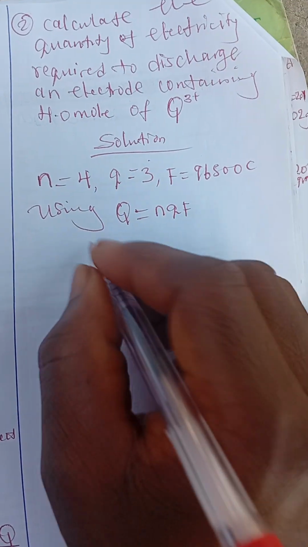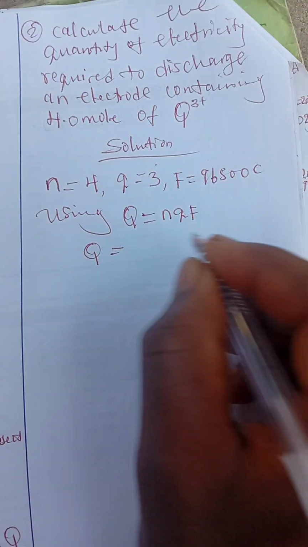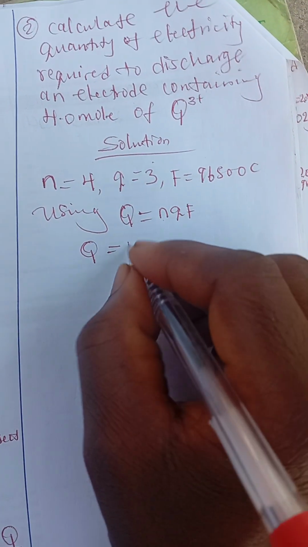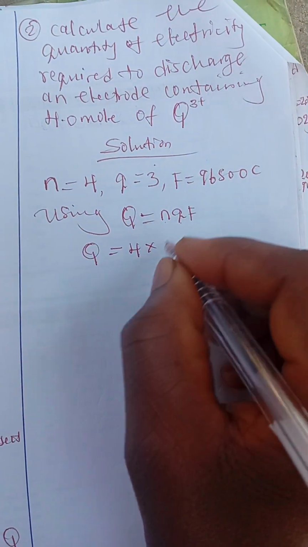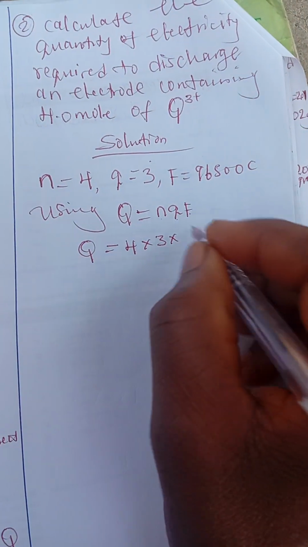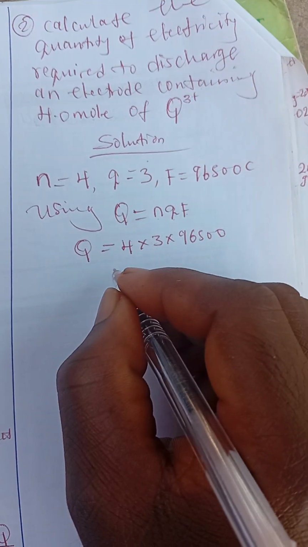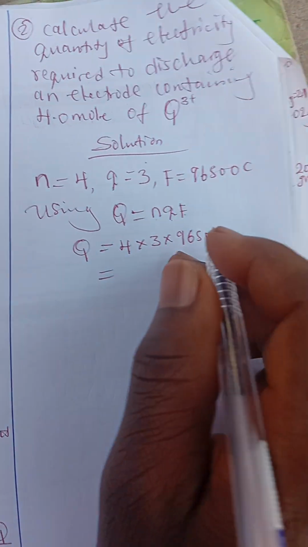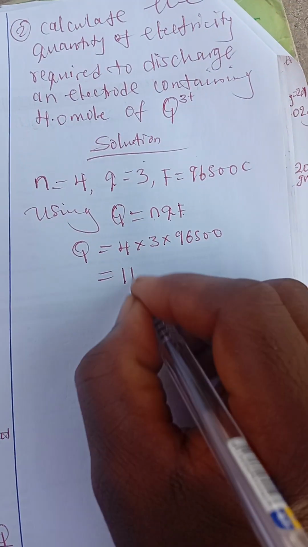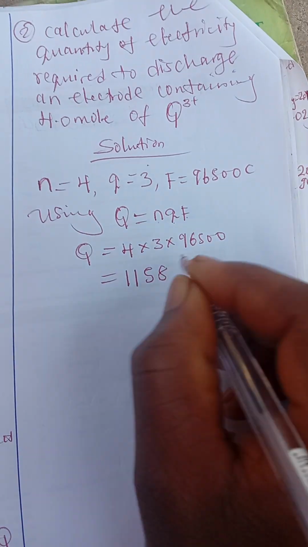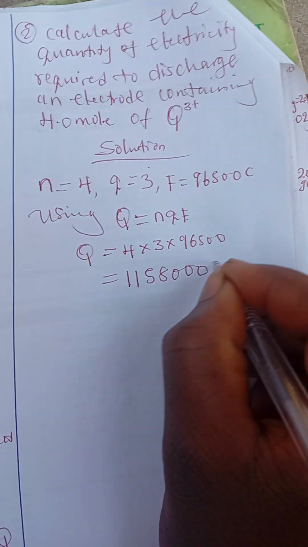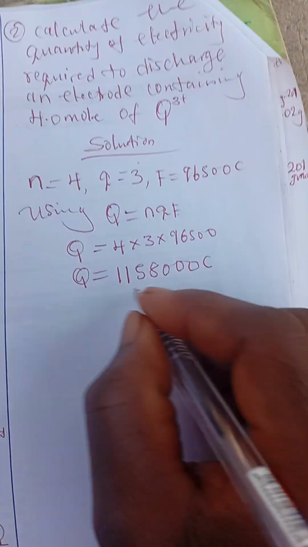So we just multiply straightforward: 4 times 3 times 96500. When you multiply it properly, you're going to obtain the value in coulombs, because we are looking for the quantity of charge.